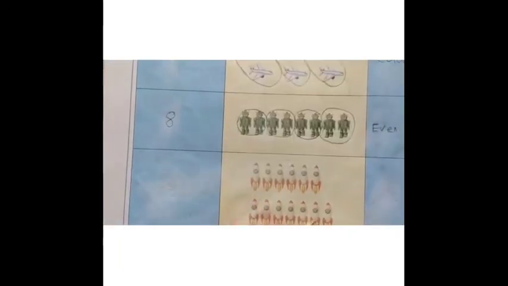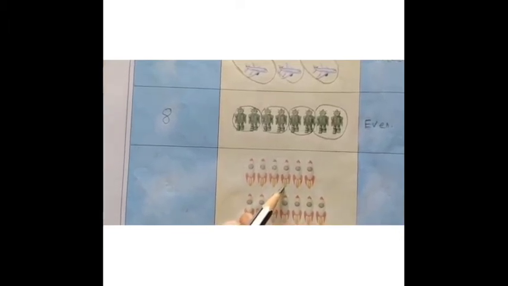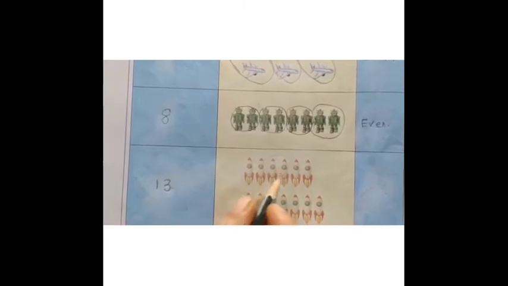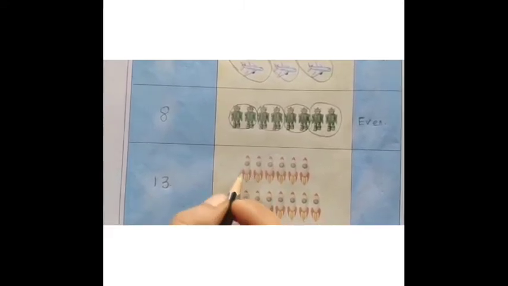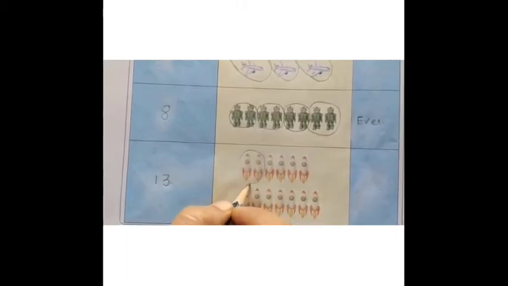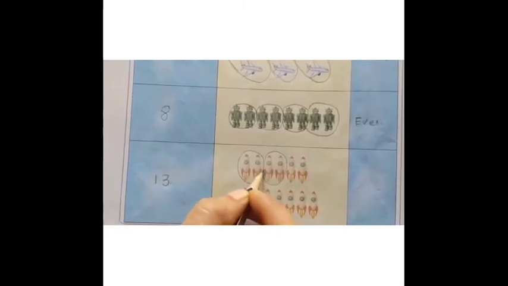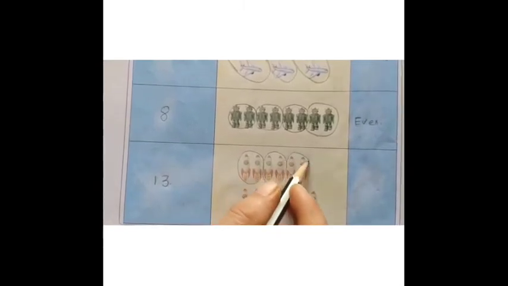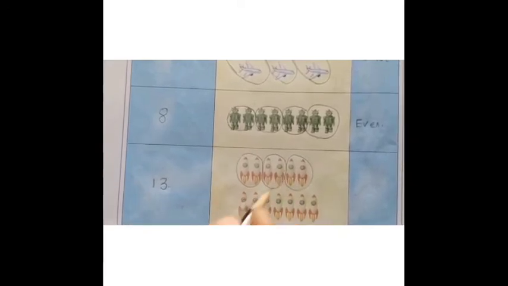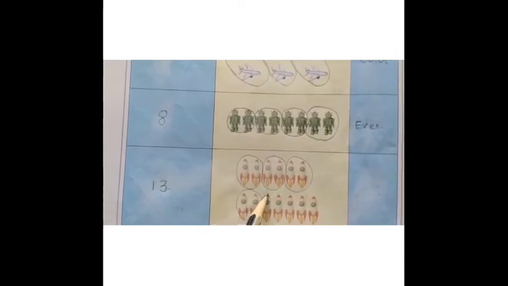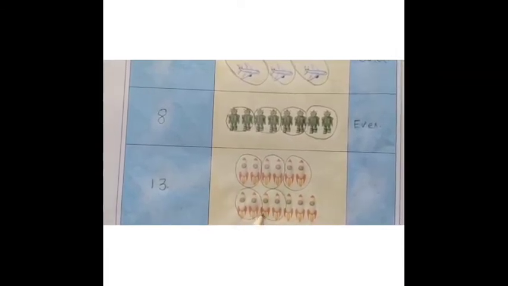Next, the number of rockets are 13. So, the number of objects are 13. Now, let us arrange the objects into pairs. 1, 2, 3, 4, 5, 6, 7, 8, 9, 10, 11, 12.